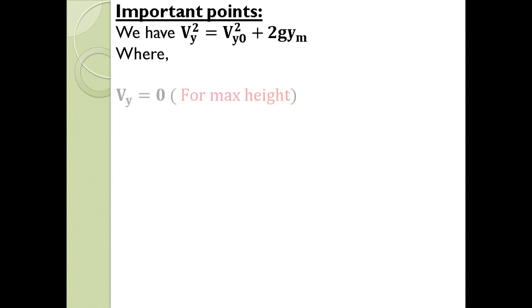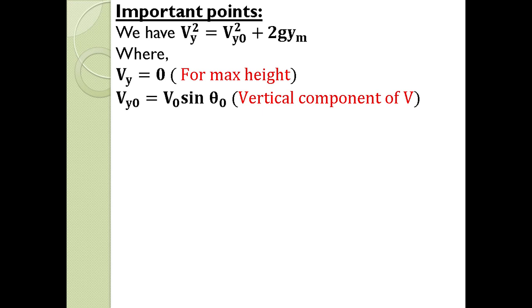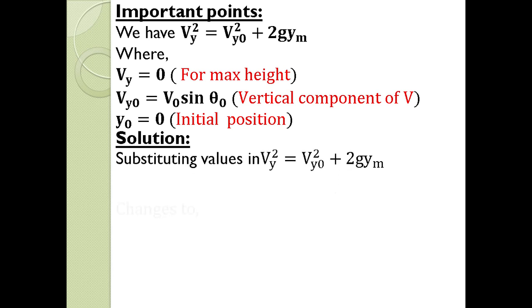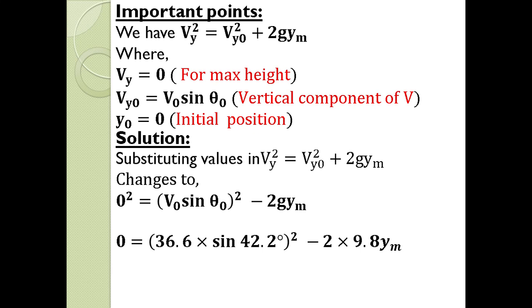We need to keep in mind a very important thing: a projectile at maximum height has vy equal to 0. Vy naught can be found by v naught sine theta, and the initial position y is 0, so we don't need to consider it. Substituting the values, vy is 0, vy naught is v naught sine theta, and 2gy.